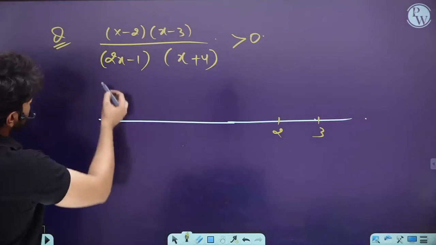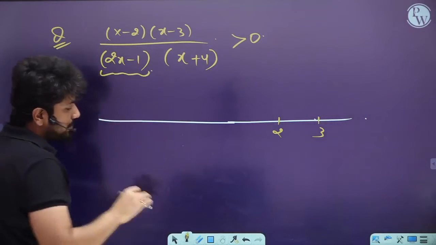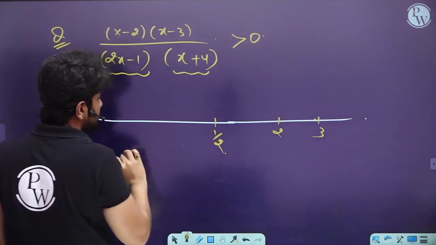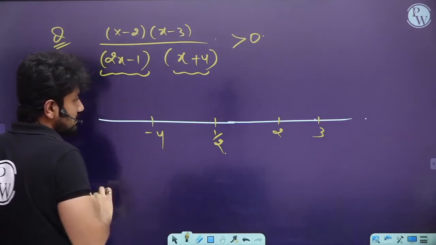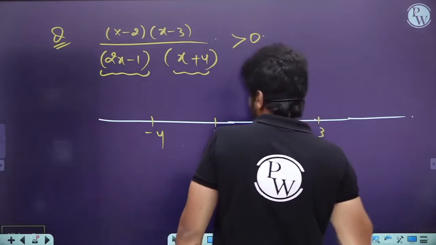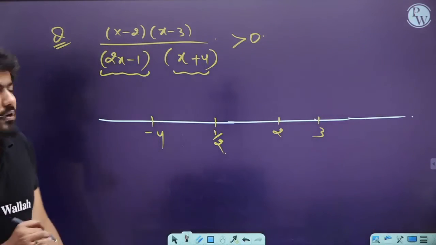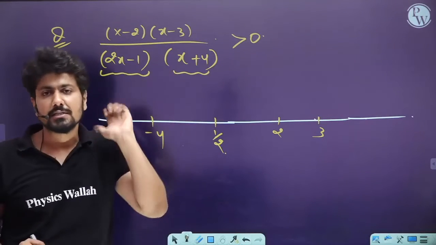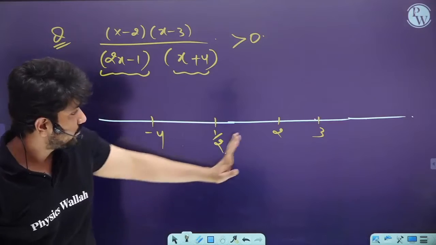The factor of 2x minus 1 changes its sign about 1 by 2. And the factor of x plus 4 changes its sign about minus 4. These are the 4 critical points. There are 4 critical points. Why? Because there are 4 factors. We can see 4 factors, so there will be 4 critical points.